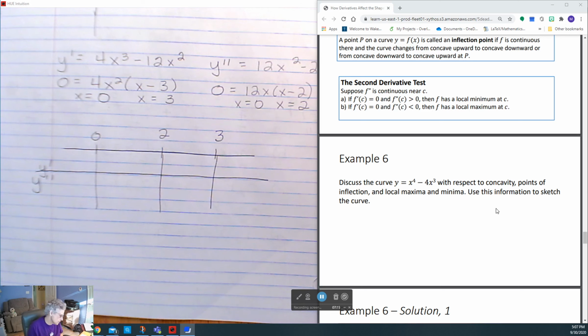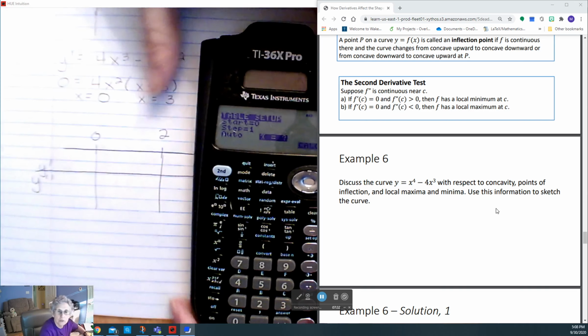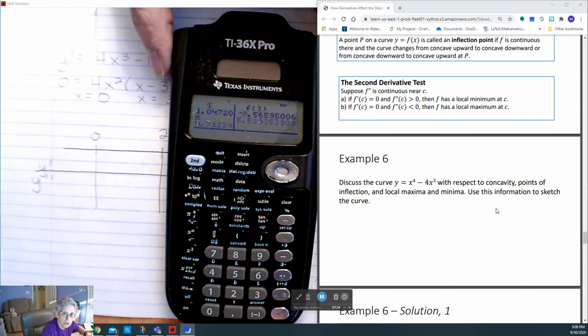Put the first derivative in, it's 4x to the third power minus 12x squared. We'll do some plugging and chugging.